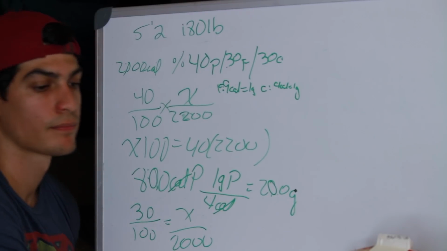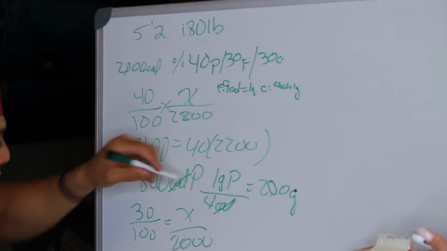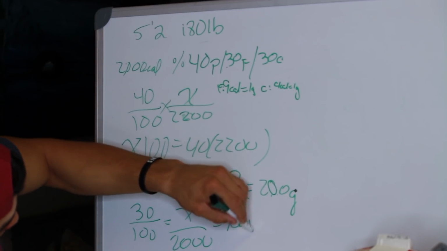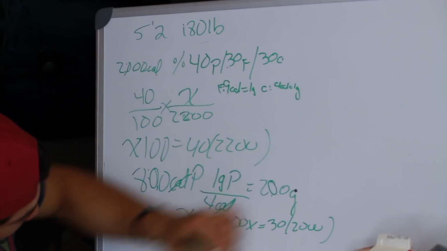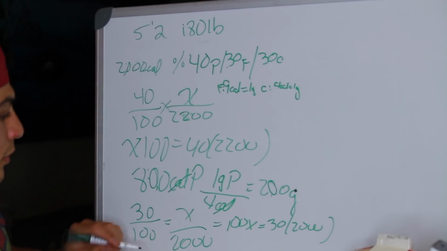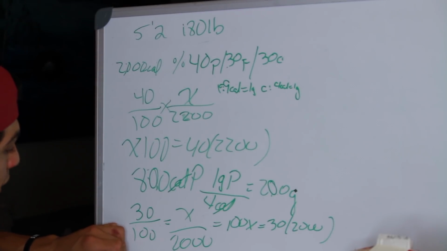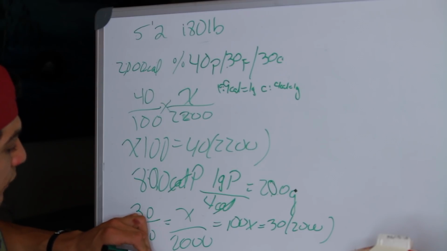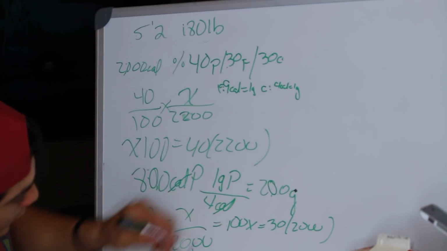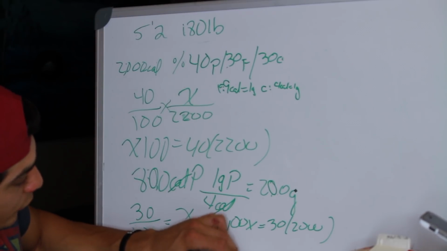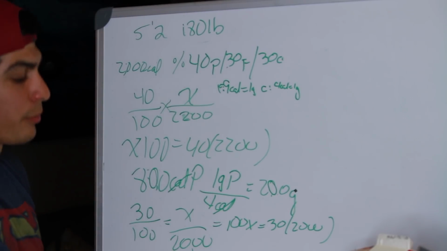So do the math again. Which is equal to what? 30 times 2,000 divided by 100 equals 600. 600 divided by 4 is 150 grams of carbs.